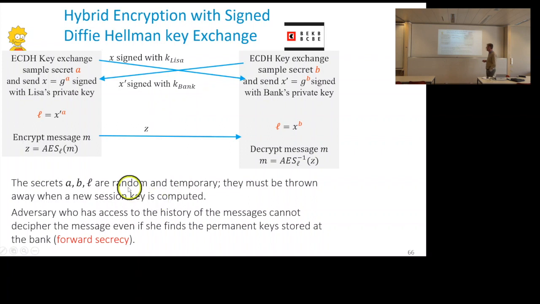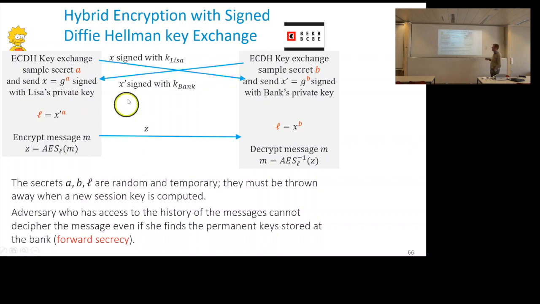And if later the secret keys have become public, it doesn't matter because the verification is done in real time, it's done now, not 5 years later. Of course, all the material that is written here, A and L, or B and L, are temporary session keys, so they must be thrown away when a new session key is computed.